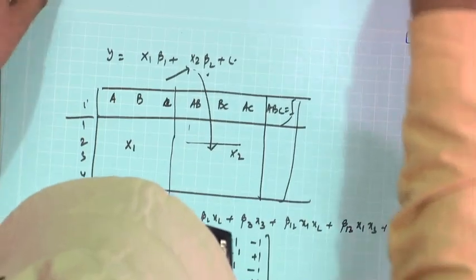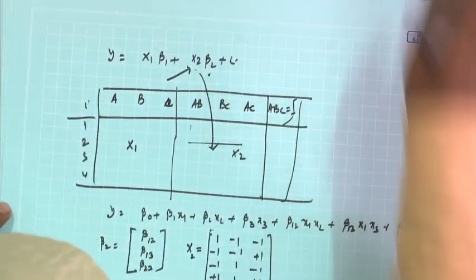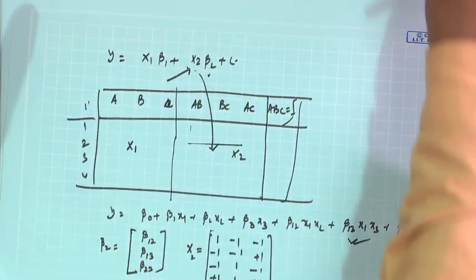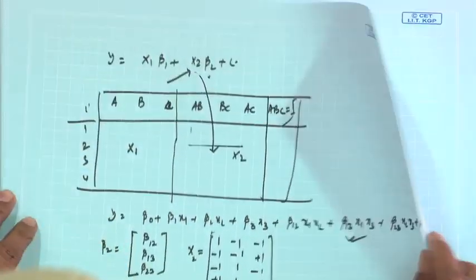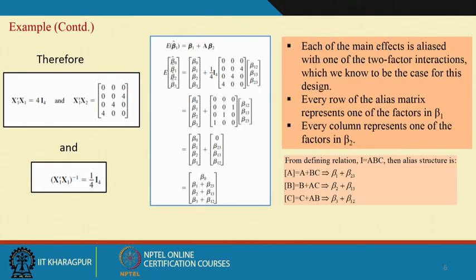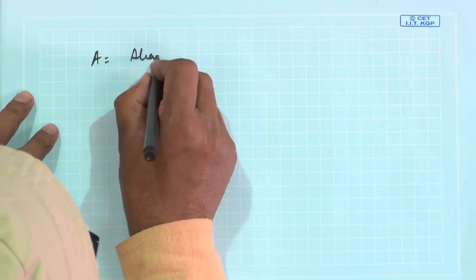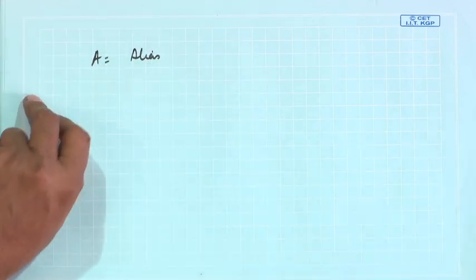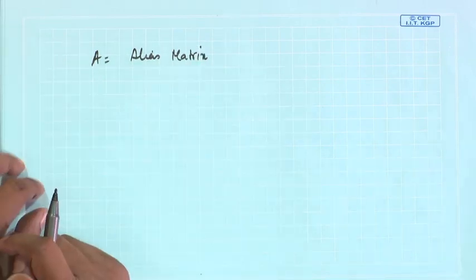So, if you use the first model, where the true model is this, then definitely the alias structure is there. What is this alias structure? You all know A is the alias matrix.